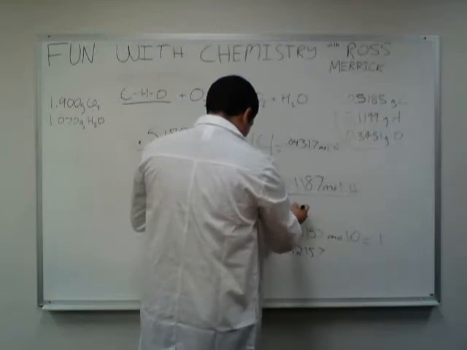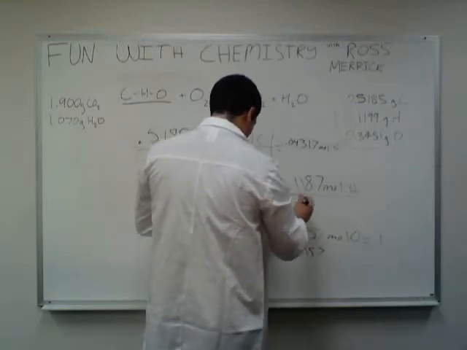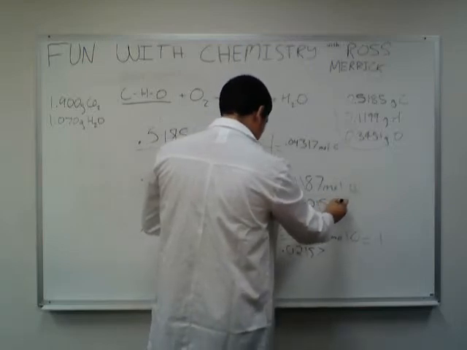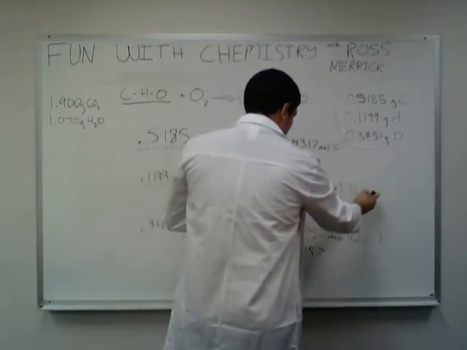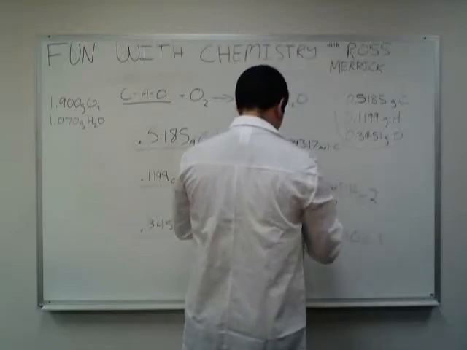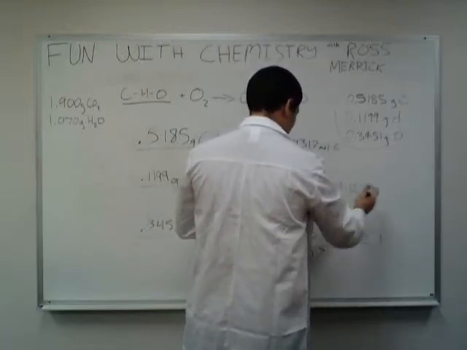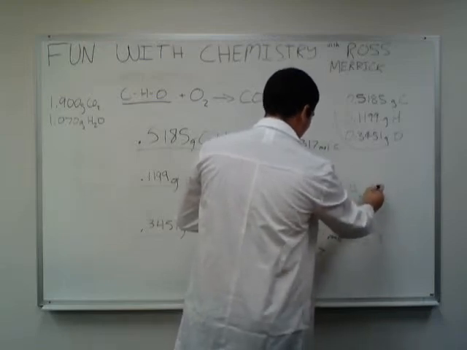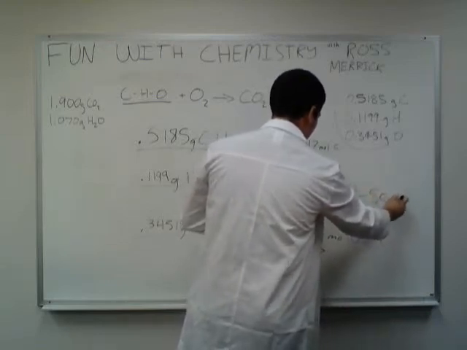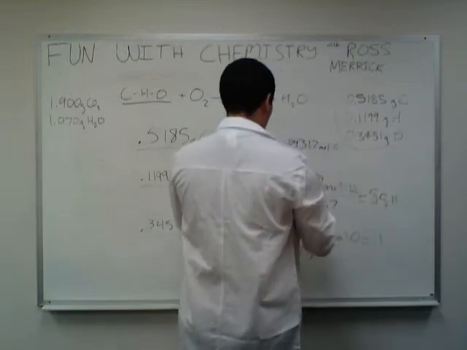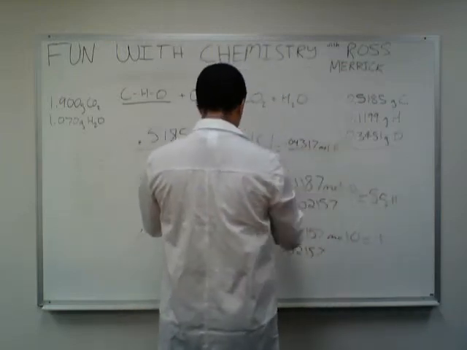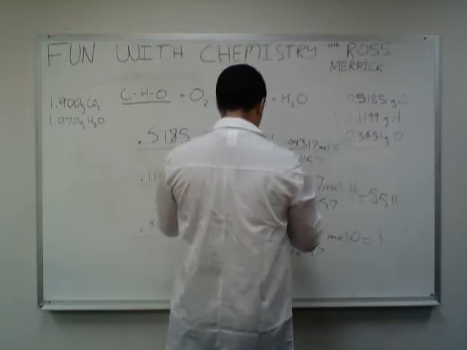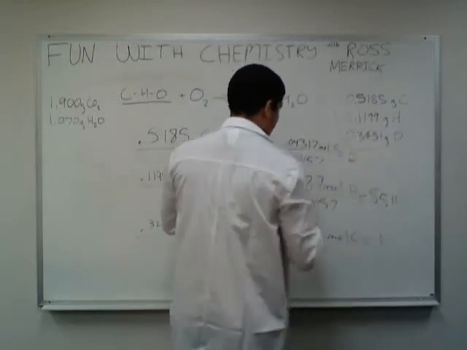Next we'll divide hydrogen by the same number, 0.02157, and we get 5.5 hydrogen. For carbon, we'll do the same, divide by 0.02157, and for that one we get approximately 2.